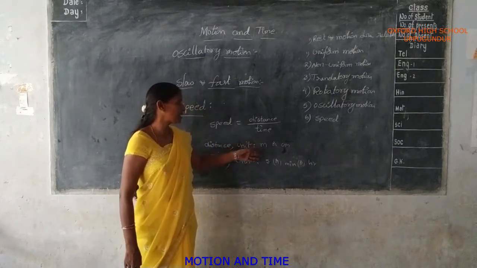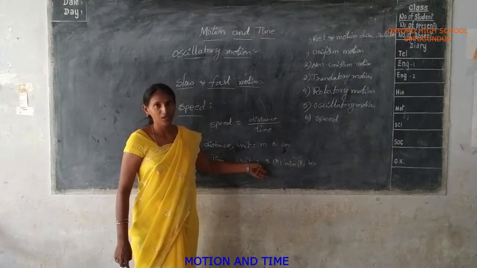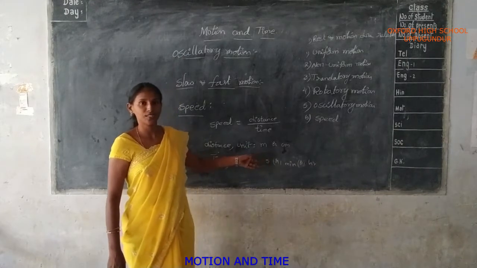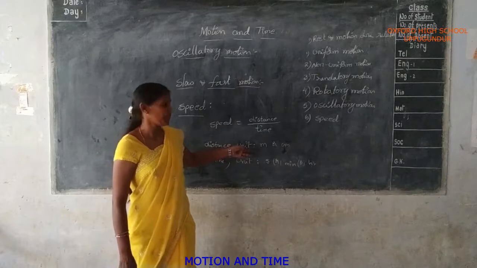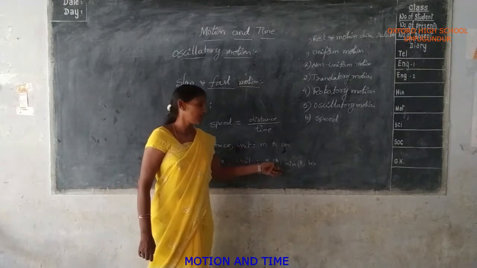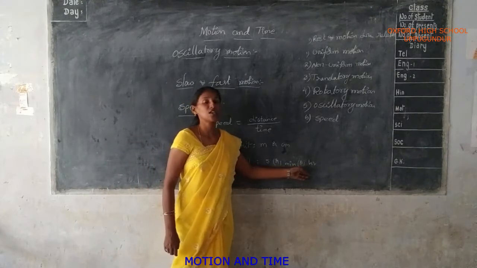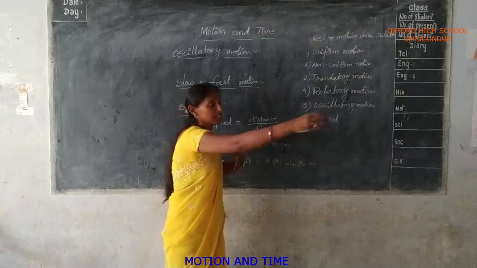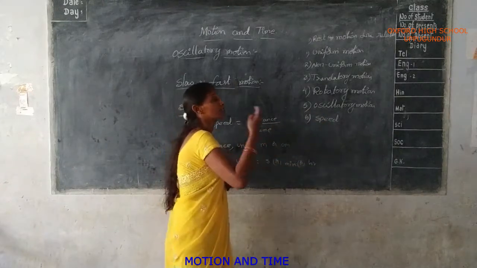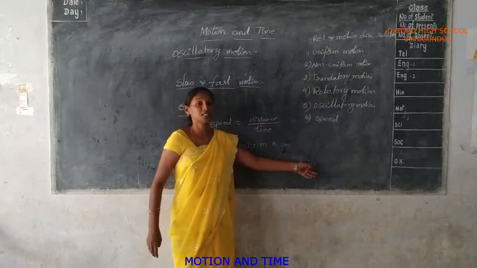So the unit of distance is meters and the unit of time is seconds. So meter and seconds, generally used worldwide. So meter per second. Minutes and hours are considered for long distances; you measure long distances using minutes and hours.